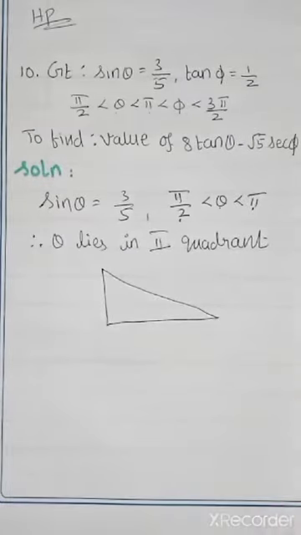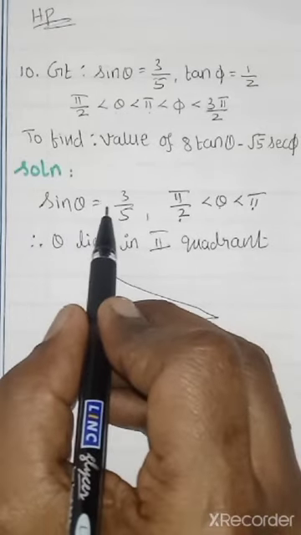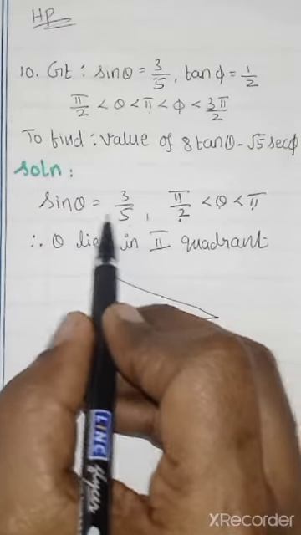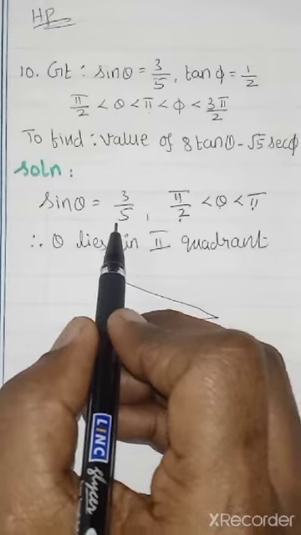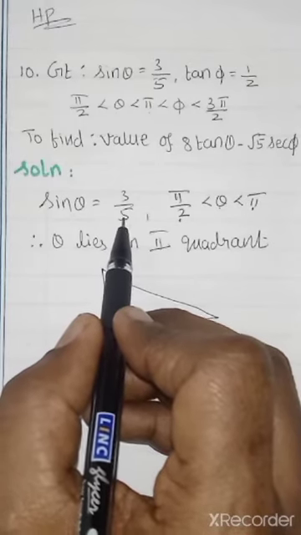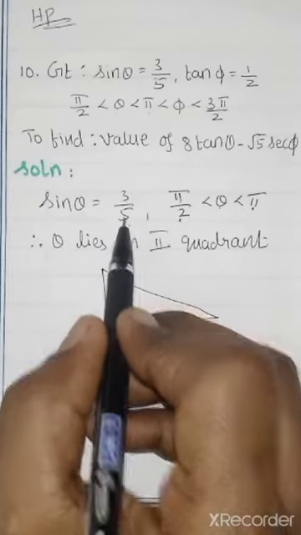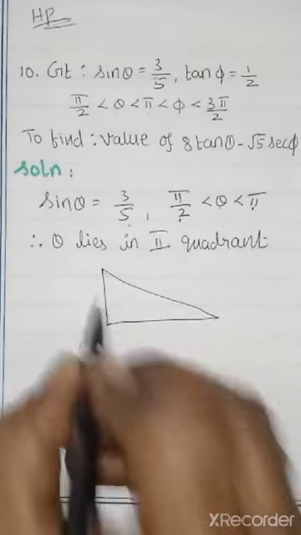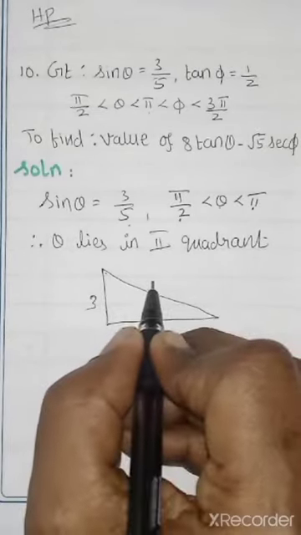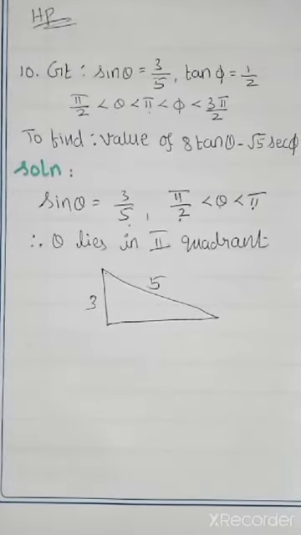Now, take the Pythagorean theorem. sin θ equal to 3 by 5. Sin θ means opposite by hypotenuse. So, this is your hypotenuse, this is your opposite side. We can take 3 here, 5 here.